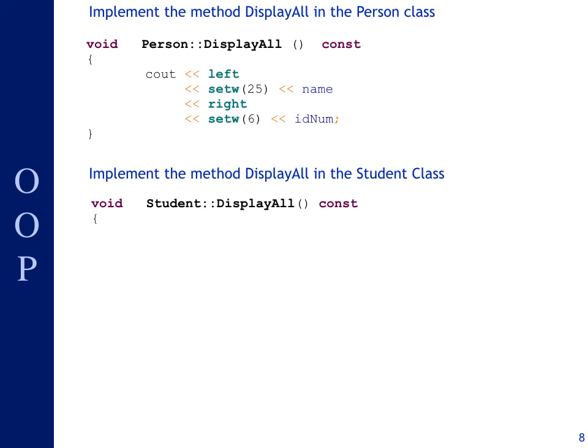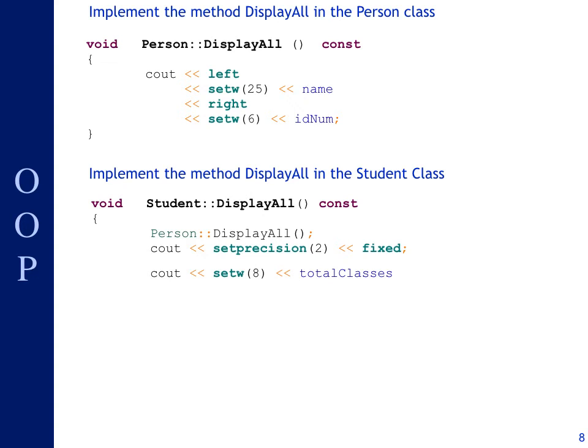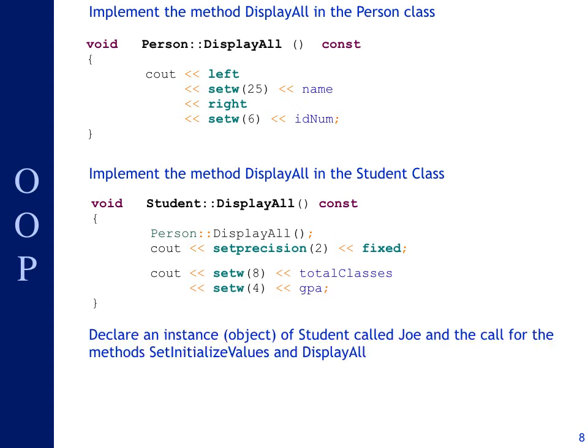So here's what we decide to do here. So student colon display all. We're going to use the method on the parent display all, which we just described here on the top of the slide. So person colon display all, that tells the compiler we're accessing display all from the parent person. And now we display the remaining attributes, which is total number of classes and the GPA.